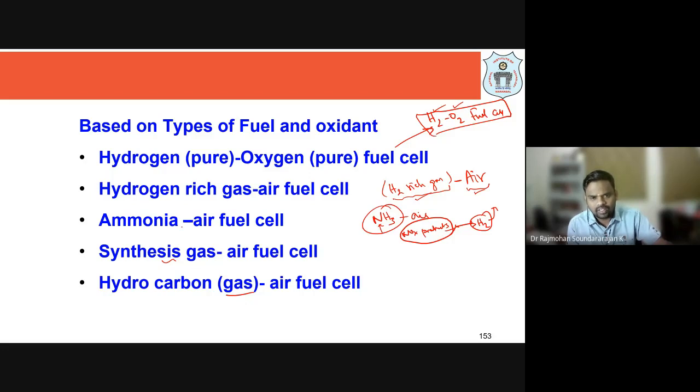So like that we can keep writing different sets of fuel and oxidant combinations to give examples for classification of fuel cell, classification of fuel cell based on fuel and the oxidant combination. So when you classify the fuel cell, what you write is the fuel and what is the oxidant used. Okay, like that we classify them.